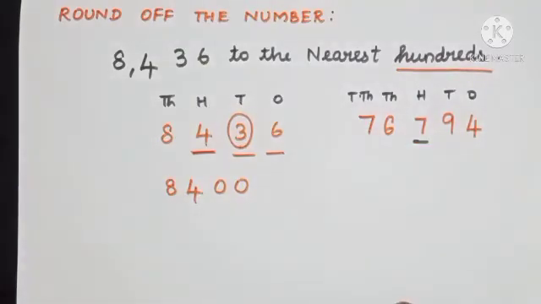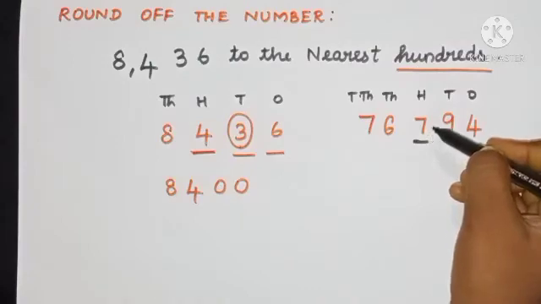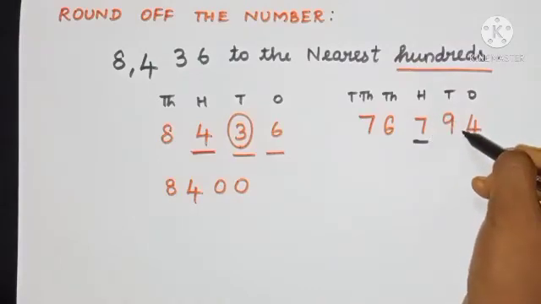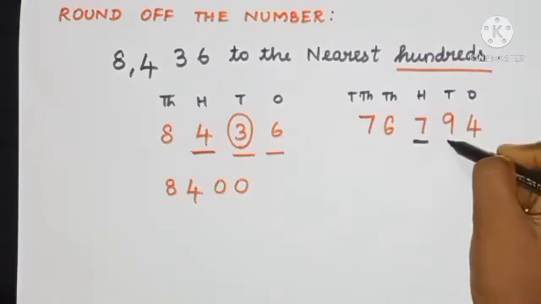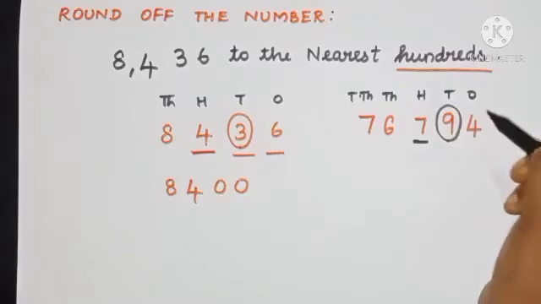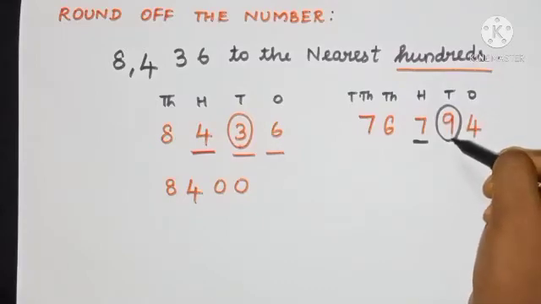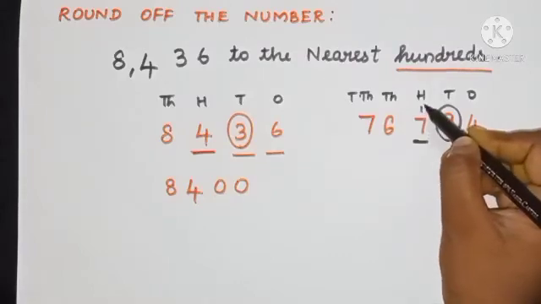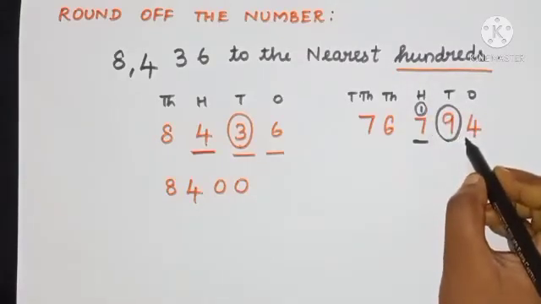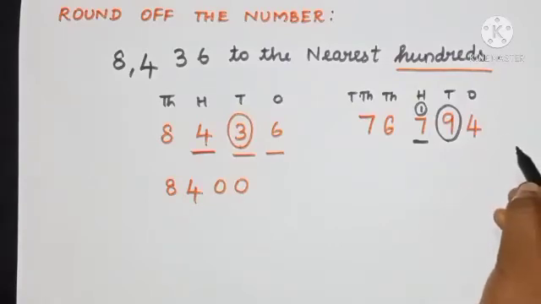The hundreds place value is 7. Then look at the digit to its right, the tens place. Here the tens place value is 9, which is greater than 5. So you have to add 1 to the hundreds place. Then change the digits to the right of the hundreds place to zeros.